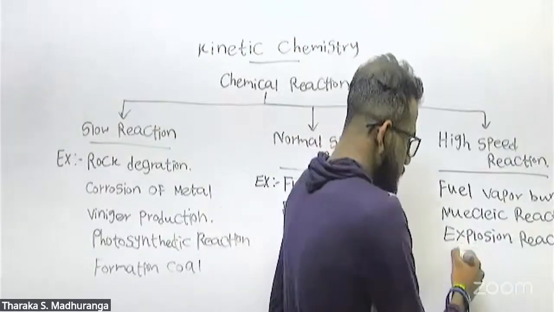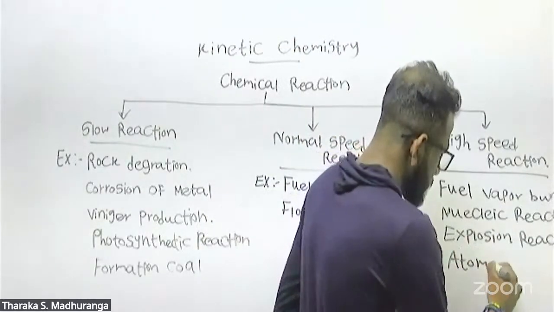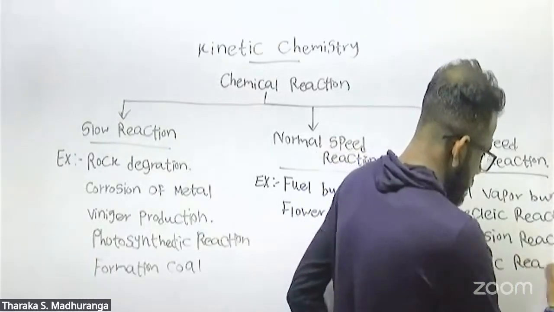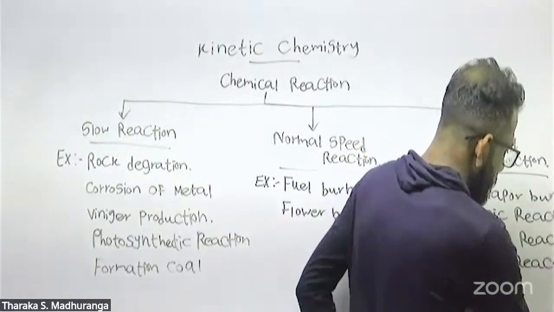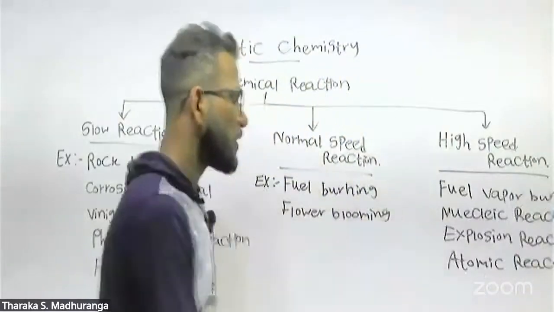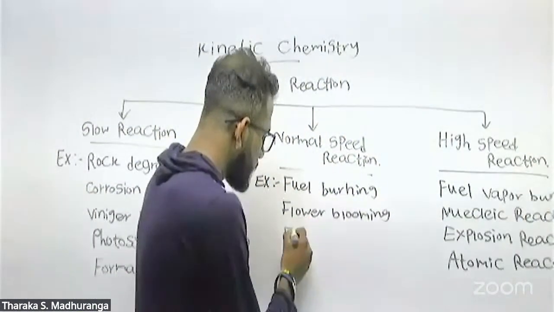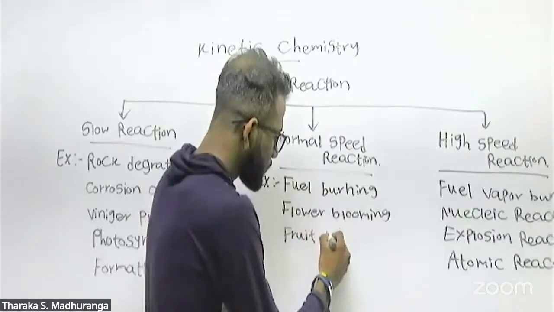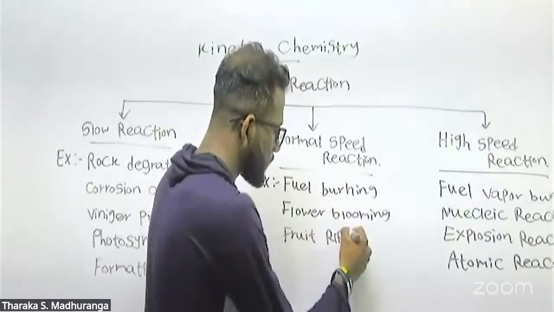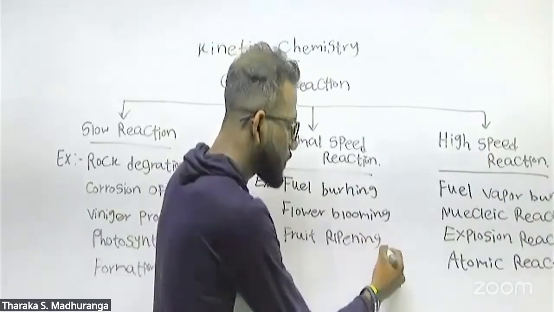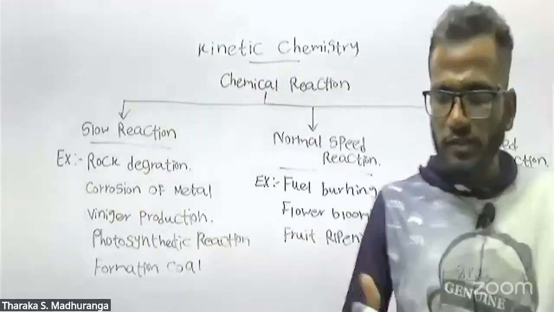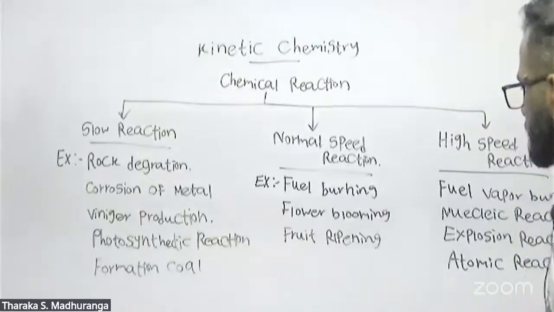Atomic reactions. They are all high speed reactions. And fruit ripening is normal speed, it takes only a few hours. Okay, I think that's enough.